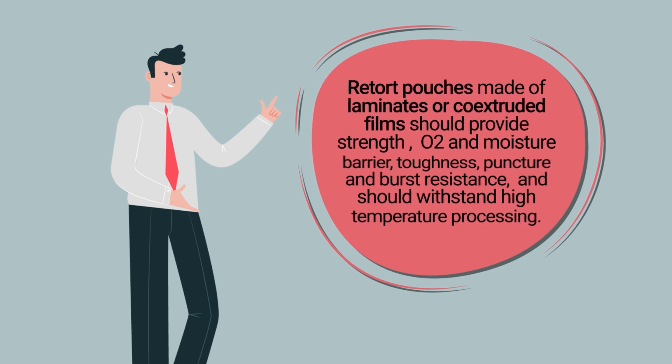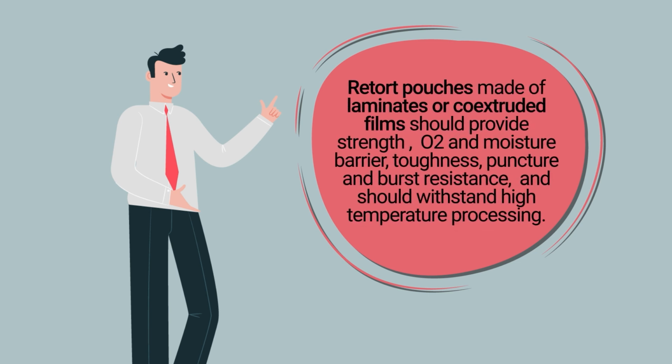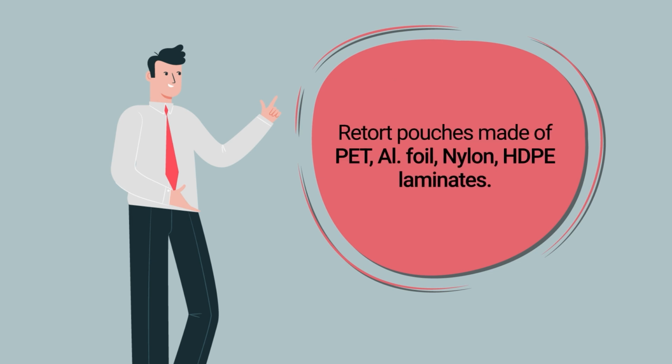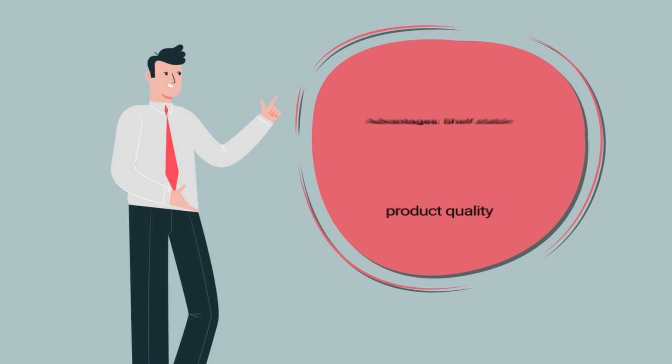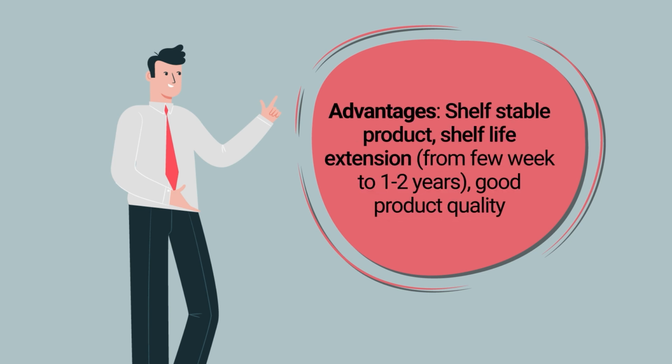The retort pouches should be made of laminates or co-extruded film to provide strength, barrier to oxygen and moisture, toughness, and puncture and burst resistance, and they should also withstand the high temperature processing. Retort pouch laminates or co-extruded films can be made of PET, aluminium foil, nylon, HDPE laminates, etc. It provides the product shelf stability.